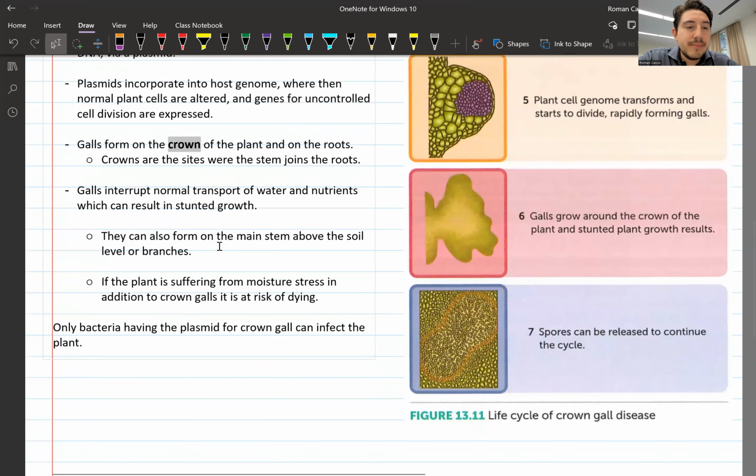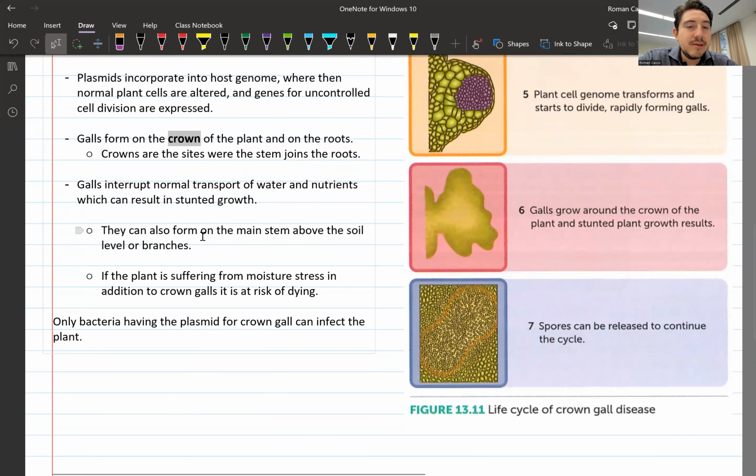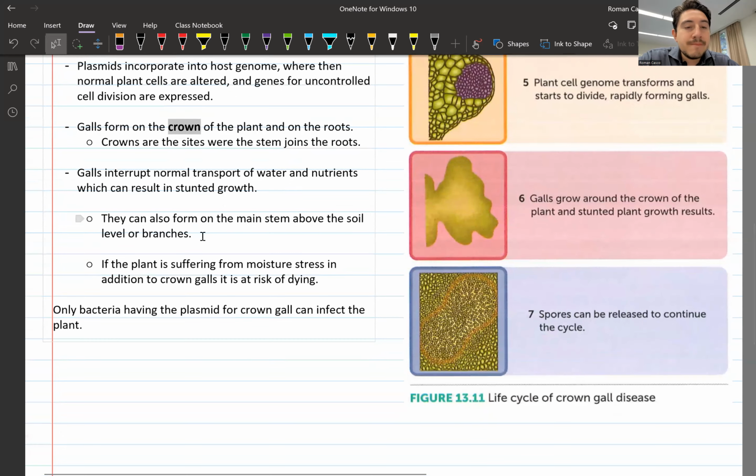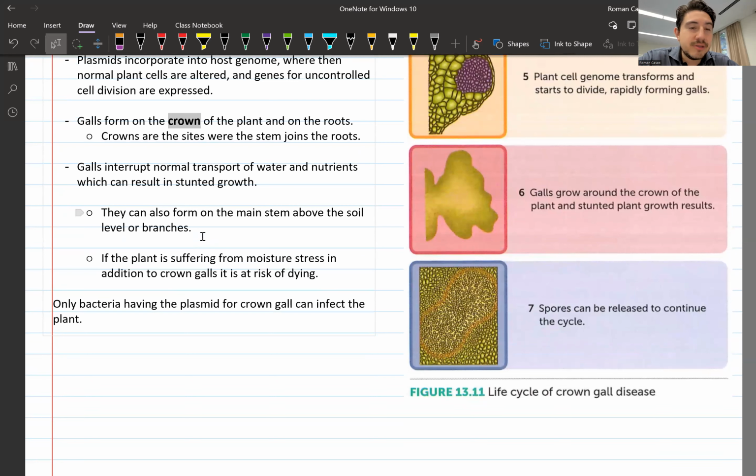Like I mentioned already, they can also form on the main stem or above the soil level or even on branches, right? So in different places in the plant. Aside from that, in severe cases where you're having the galls growing, and even if you're not in ideal environmental conditions, the likelihood of surviving incredibly goes down, and the plant most likely will die, right?